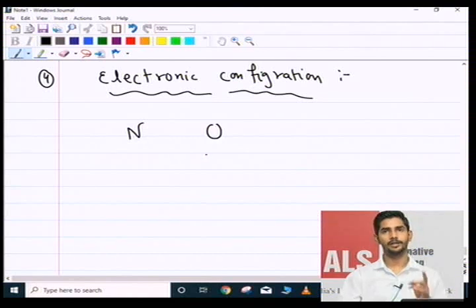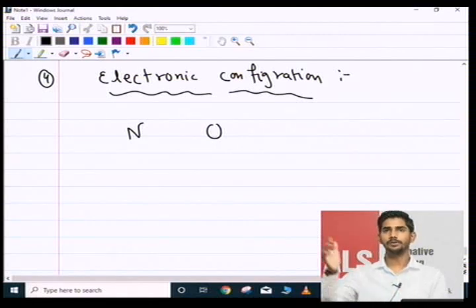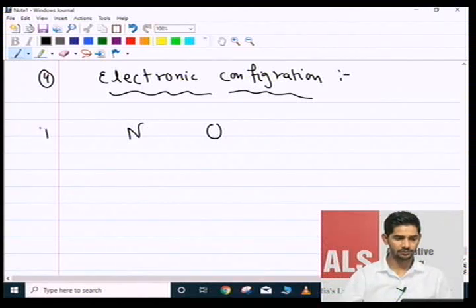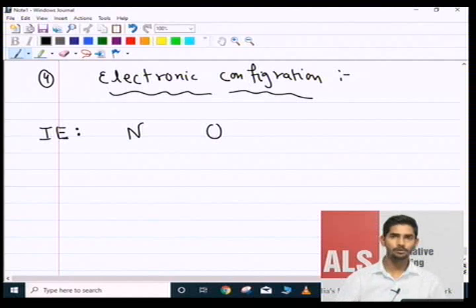Obviously, nitrogen has atomic number 7, oxygen has atomic number 8. In the periodic table, oxygen is exactly the next element to nitrogen. I'm comparing the ionization energy. Please tell me which one should have the highest ionization energy, nitrogen or oxygen? According to the concepts that we have discussed.